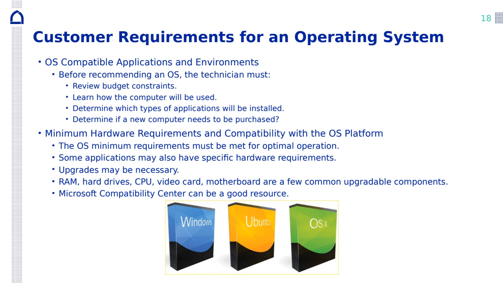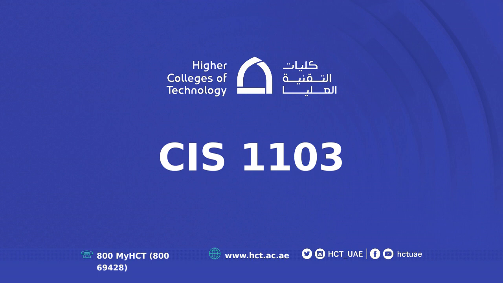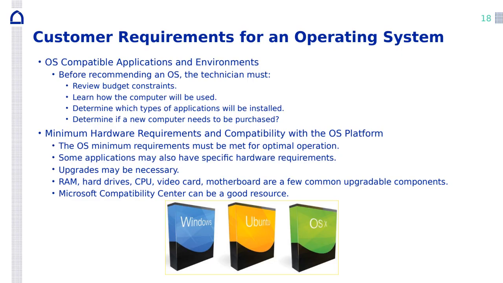Also, every operating system has its own minimum hardware requirements, and how much RAM it needs to work. We also have compatibility. The hardware should be compatible with the operating system, because some hardware is not compatible with some operating systems.